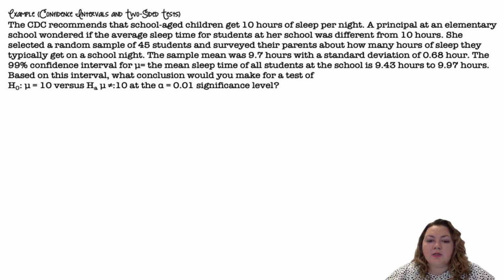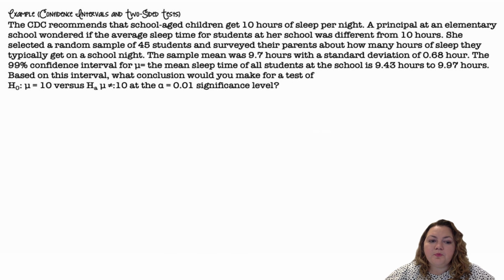The sample mean was 9.7 hours with a standard deviation of 0.68 hours. The 99% confidence interval for mu, the mean sleep time of all students at the school, is 9.43 hours to 9.97 hours. Based on the interval, what conclusion would you make for the test with a null hypothesis mu equals 10 versus an alternative mu does not equal 10 and an alpha of 0.01 significance?